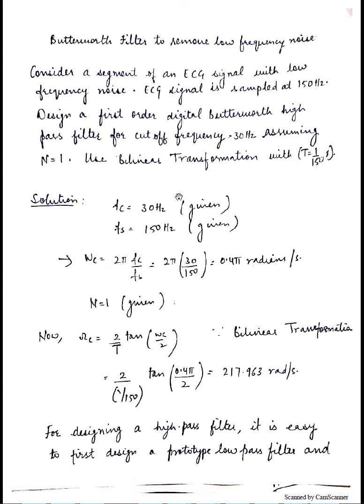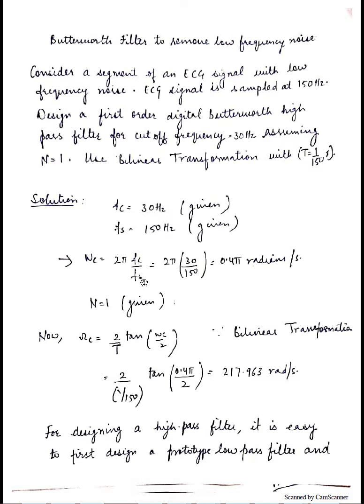Now what is given to us? We are given the cutoff frequency, that is 30 Hertz, and the sampling frequency, that is 150 Hertz. So how can we calculate the frequency in the digital domain? We know the formula, that is 2 pi fc by fs.